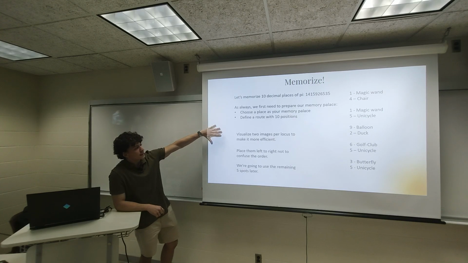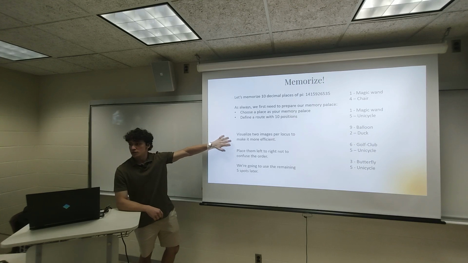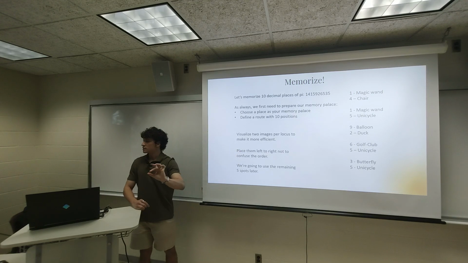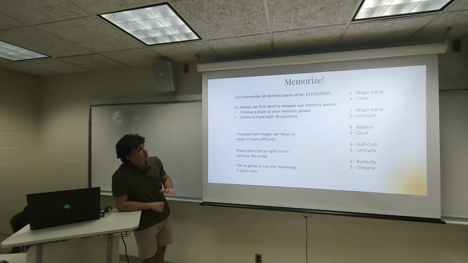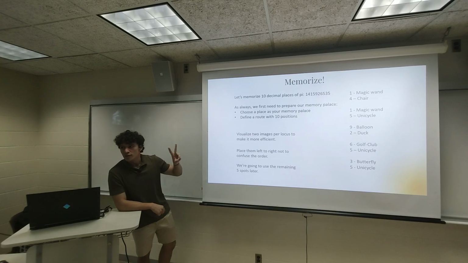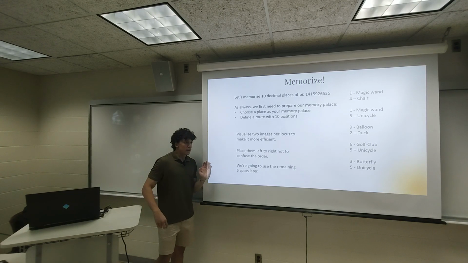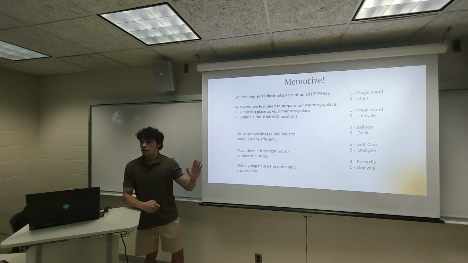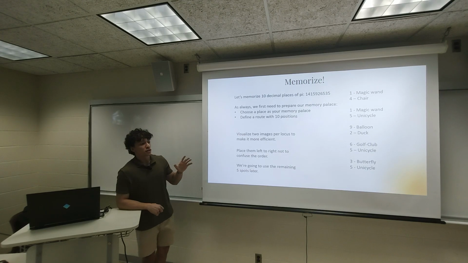So the idea is we're gonna visualize 2 images per locus to make it more efficient. Instead of putting just 1 image in each position, and locus means position, we are gonna put 2 of those images. Remember, we need to remember the digits in order. If you don't remember the order that you put the digits there, then you're gonna make a mistake.